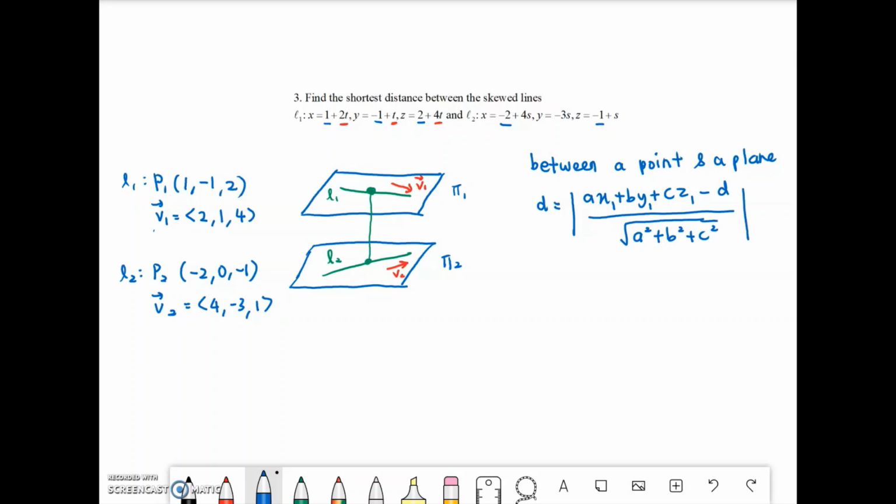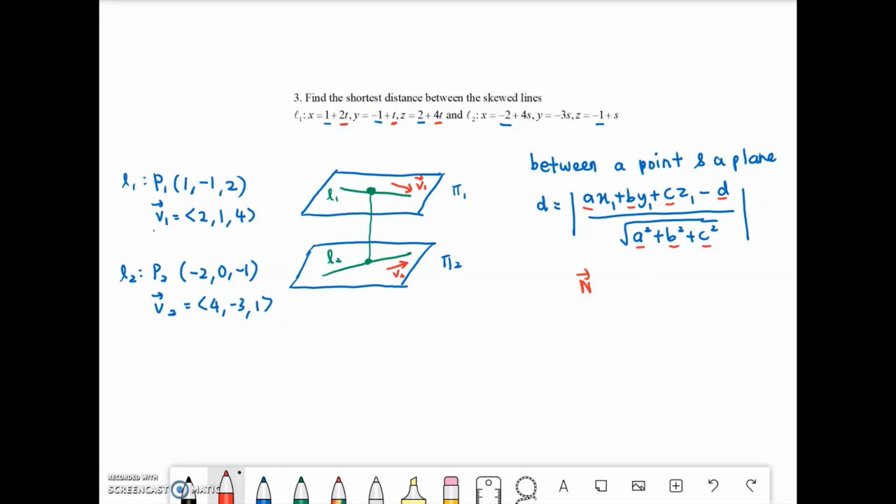So our a, b, c here is the normal vector of the plane, and our x1, y1 and z1 is the point that is from another plane.